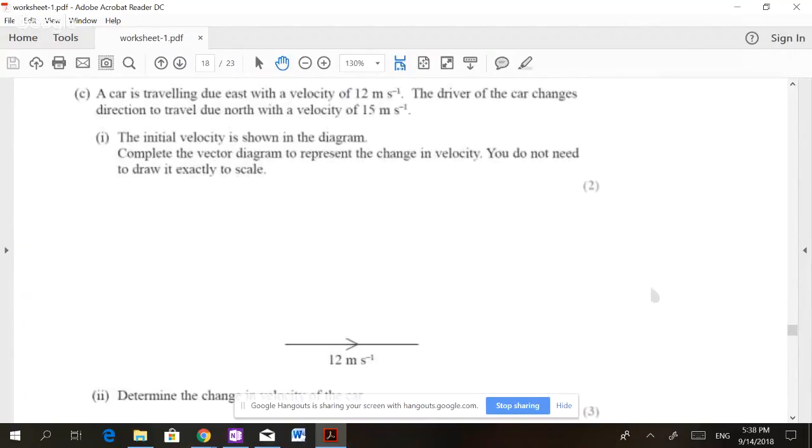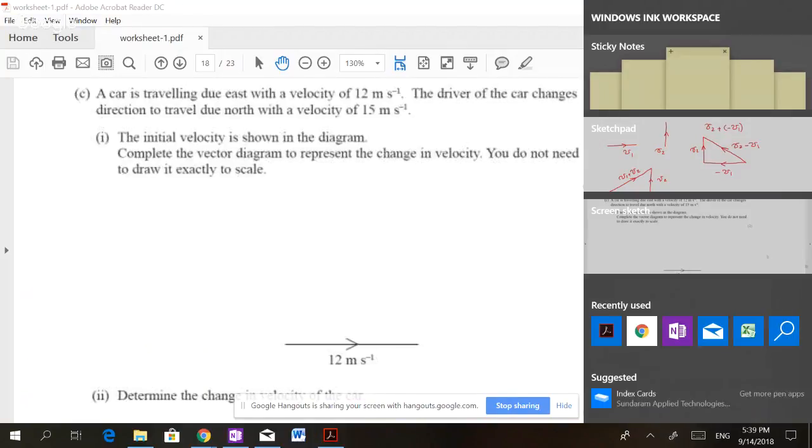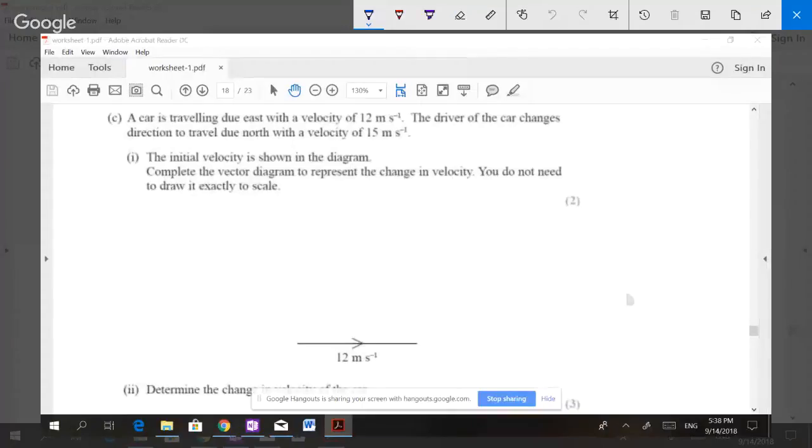Here we are given two velocities, the initial velocity, which we'll call u, and the final velocity, V. We were asked to determine the change in velocity.